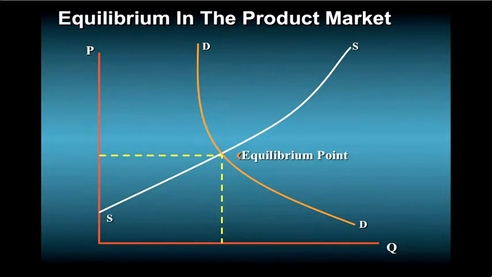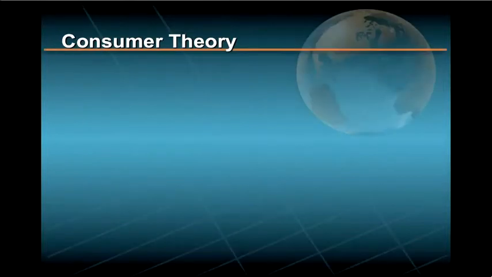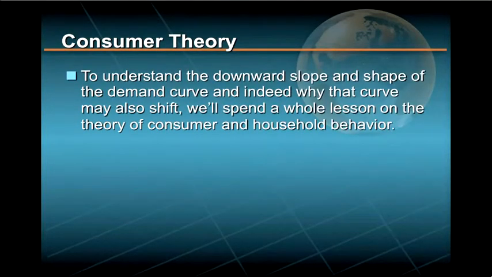In order to understand exactly why this equilibrium happens, we're going to spend a lot of time in the first part of our studies understanding each of the components of these curves. To understand the downward slope and shape of the demand curve, and indeed why that curve may also shift, we'll spend a whole lesson on the theory of consumer and household behavior.